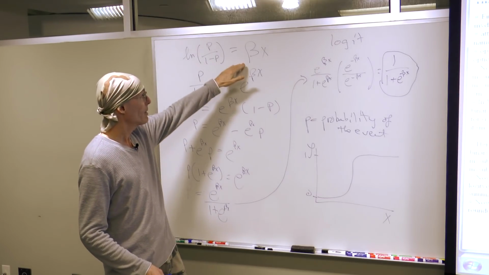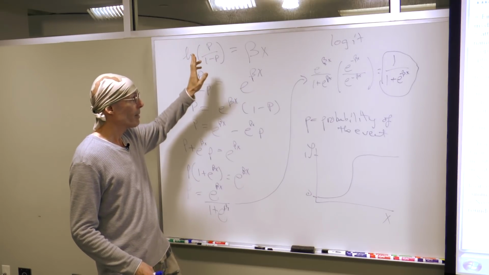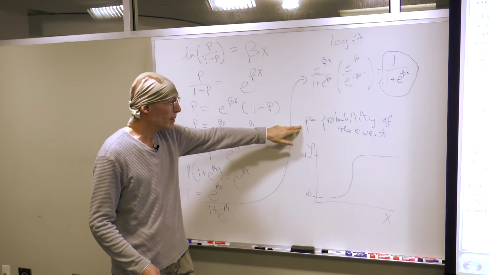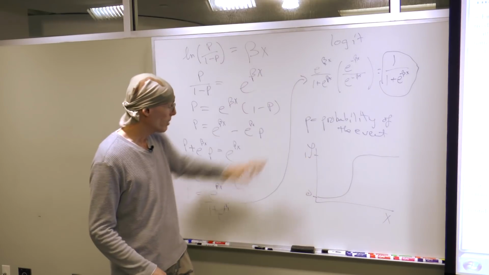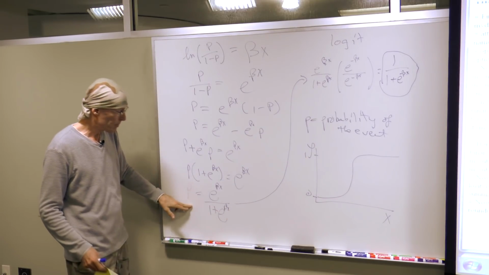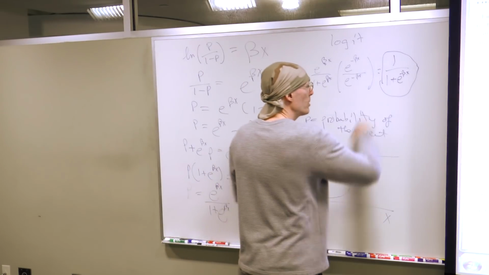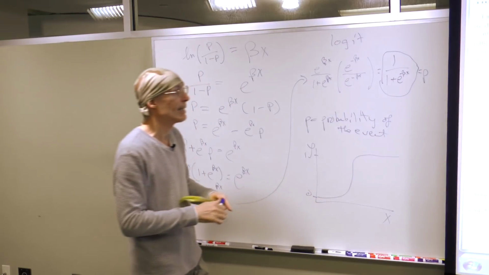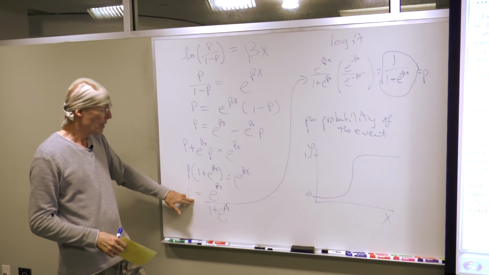Well, this may give us a linear line, the log of the odds ratio, but if we transform that to get our p's by simply exponentiating what we have here, we can solve for our p's. Our p is this: 1 over 1 plus e to the negative beta x. Or you can use this version over here. P, that's what we want.